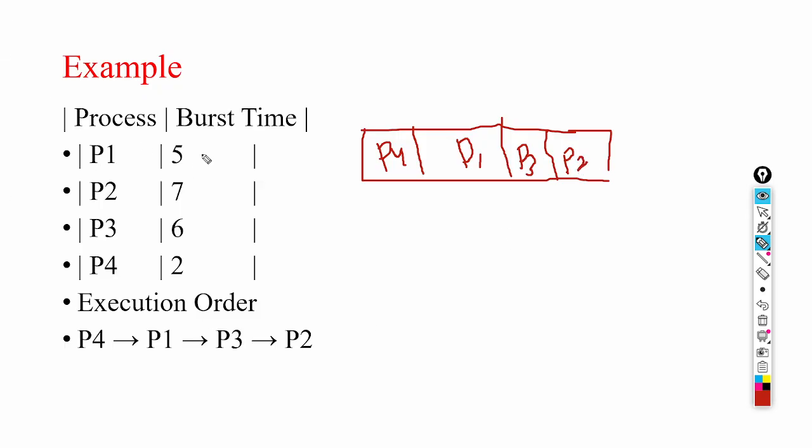Here I am adding the values 2, 6, 7 and 5. Now moving to the next slide.